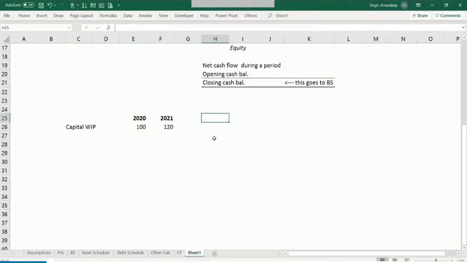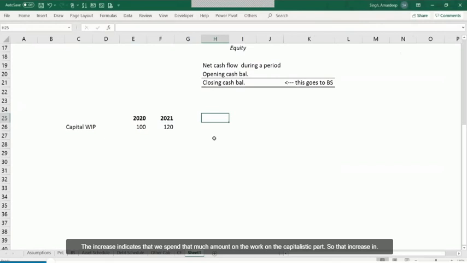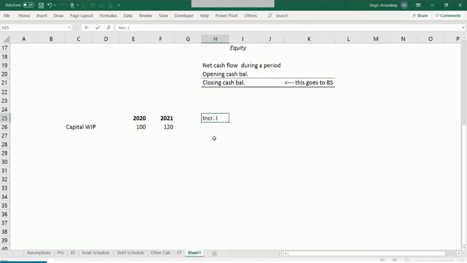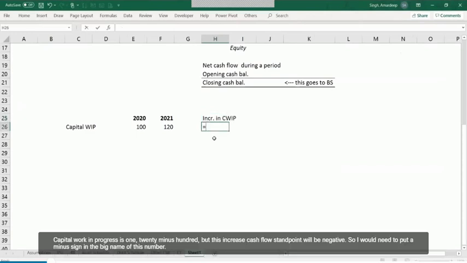This increase indicates that we have spent that much amount on the capital asset. So that increase in CWIP, capital work in progress, is 120 minus 100. But this increase from a cash flow standpoint will be negative.